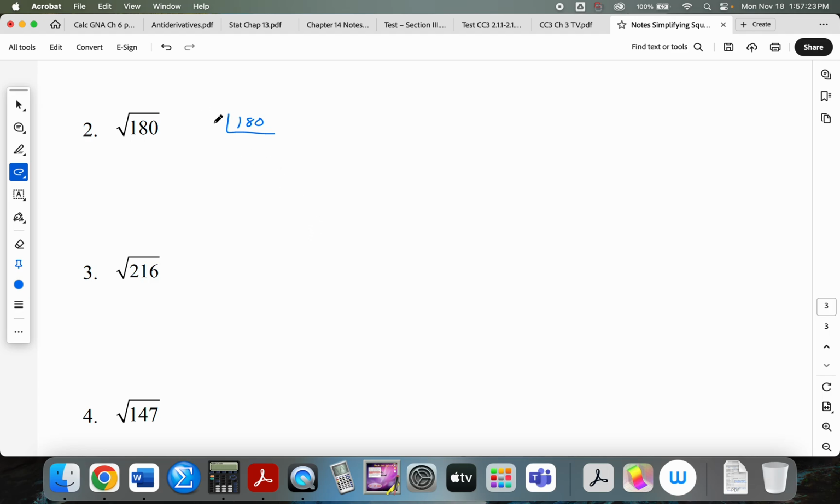Yeah, okay, we could divide it by 5. 5 goes into 18 3 times, with 3 left over. 5 goes into 30 6 times. What's a prime number that'll divide evenly into 36? Pardon?